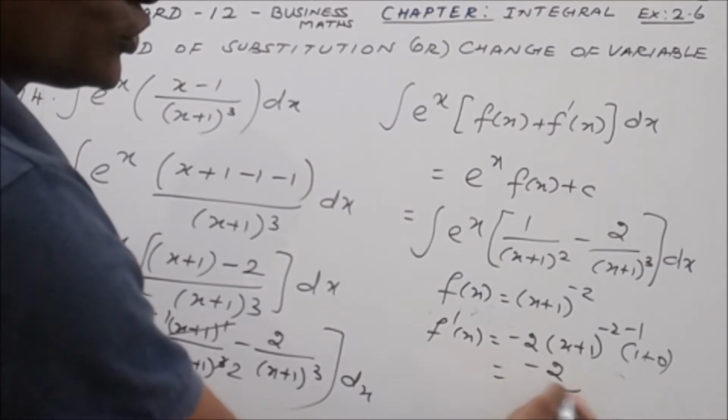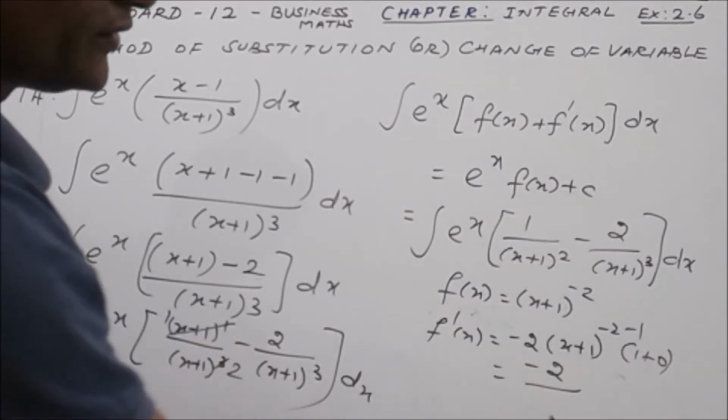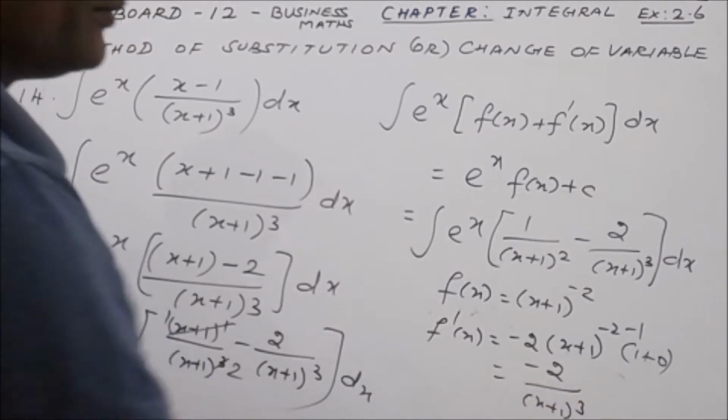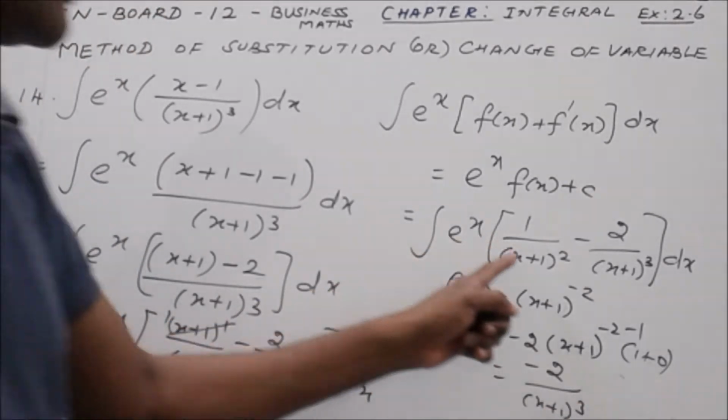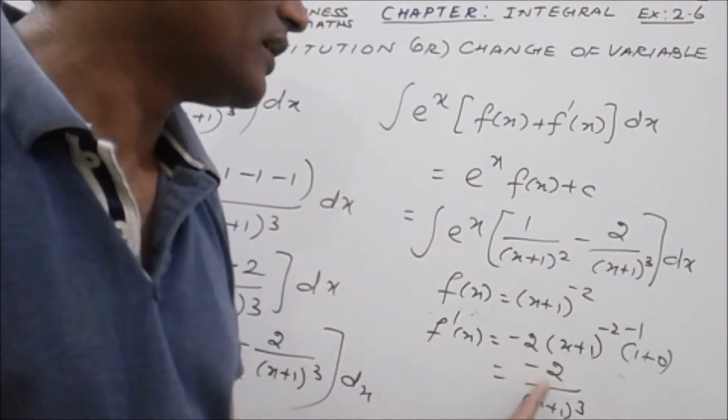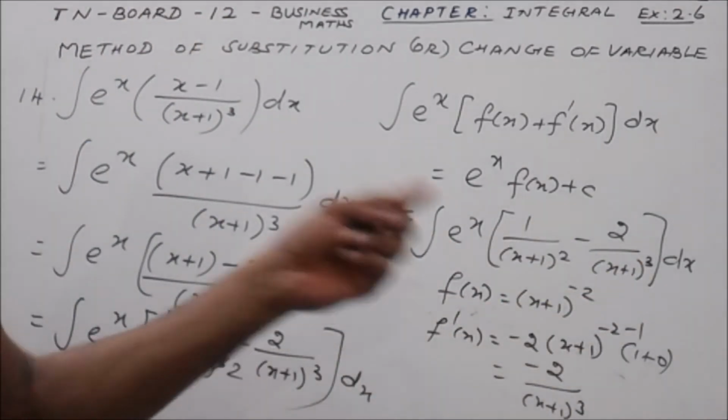Simplifying this, we have minus 2 by x plus 1 whole power 3. So if this is taken as f of x, the next term is in the form of f dash of x.